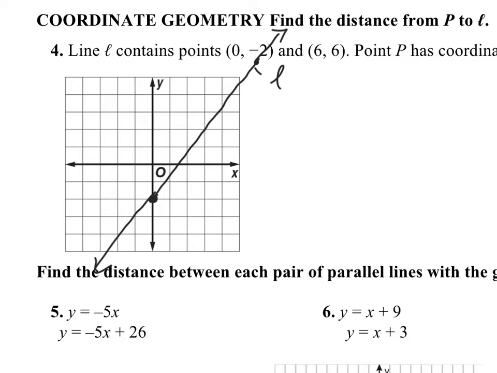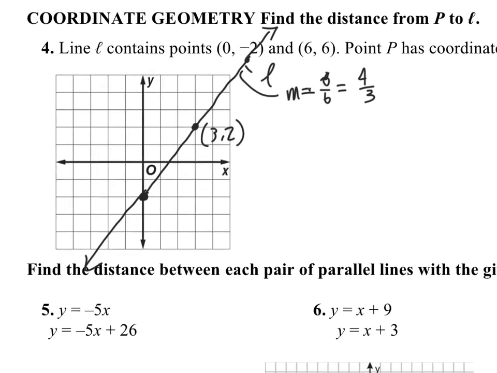So my slope M on line L is equal to 8 over 6, and really that simplifies to 4/3. And so if I go up 4, so I go up 1, 2, 3, 4, and over 3, we also have this point on the graph at (3, 2), and I'm going to label that point here at the point (3, 2).